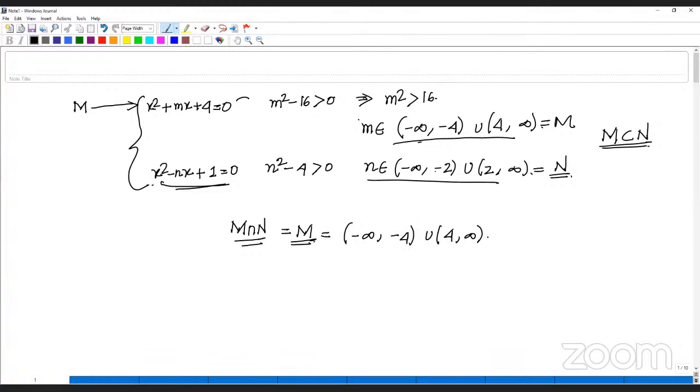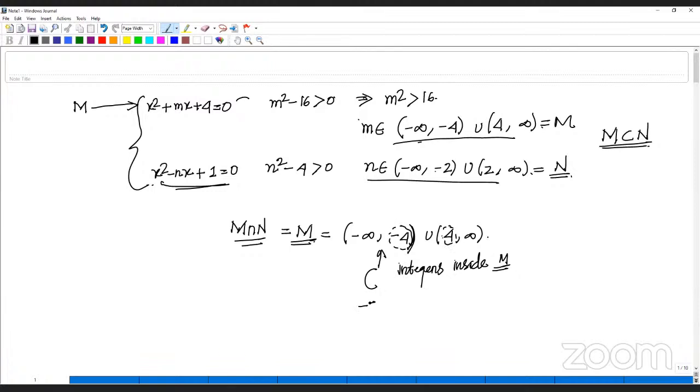But the problem is you don't have to take M. How have they defined C? C is basically the set of all integers inside M. Positive or negative integers, both we can take, right? But minus 4 is not a member of M, because it is an open interval. 4 is not a member of M either.